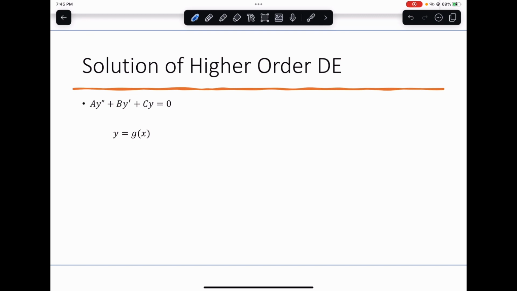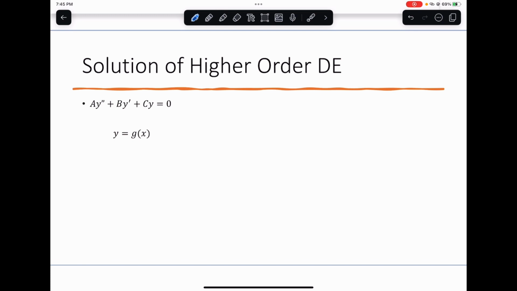The only difference is that for a first order differential equation, since the order is just 1, we only derive the solution once, for the first derivative. In a higher order differential equation, since the lowest order we can get is second order, just like in this case, we have ay double prime plus by prime plus cy is equal to 0. That's an order 2 differential equation.